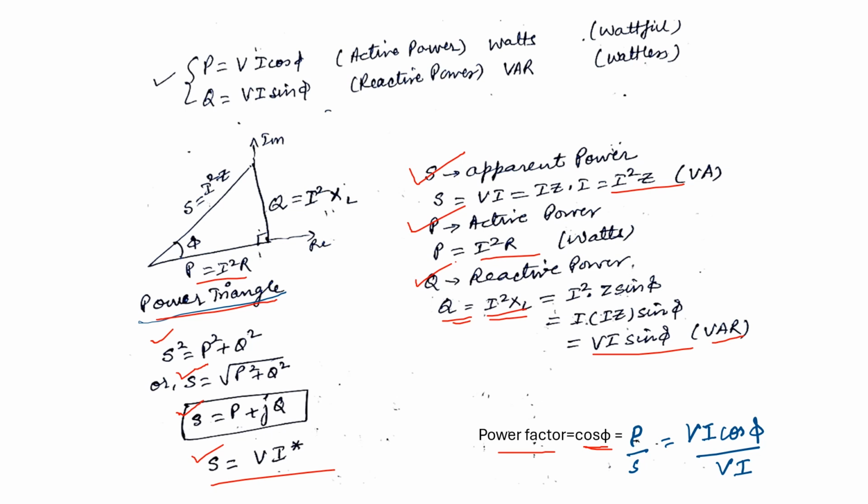You can obtain the power factor from all three triangles we have discussed so far: the voltage triangle, impedance triangle, and the power triangle. In this power triangle, cos phi comes out to be the ratio P by S, that is the ratio of active power to apparent power, which is VI cos phi divided by VI. So VI cancels out and we have cos phi. This is called the power factor of the circuit obtained from the power triangle.